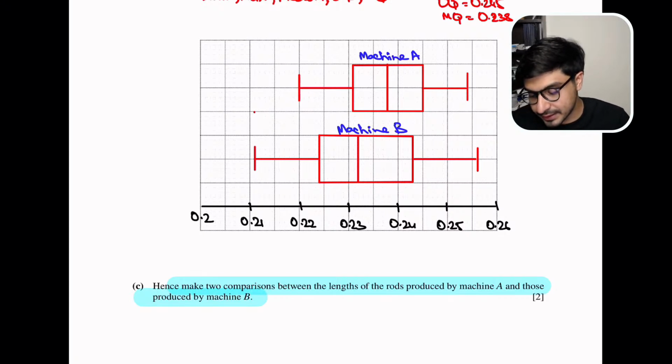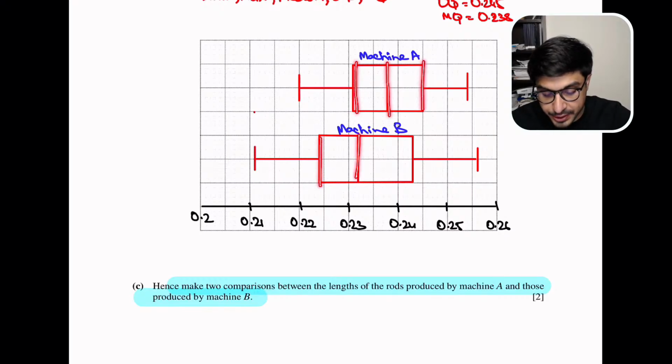So guys, to make the comparison, we just need to know that the length of machine B is going to be longer than machine A, because उसका जो maximum value है वो आगे है. So what we can say is, no, machine A is longer than machine B, because देखो machine A का जो median है वो भी ज़्यादा आ रहा है, lower quartile भी ज़्यादा आ रहा है और upper quartile भी ज़्यादा आ रहा है as compared to machine B.